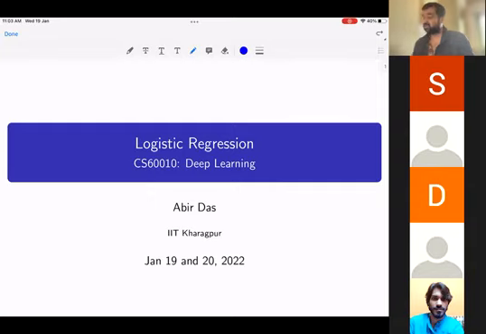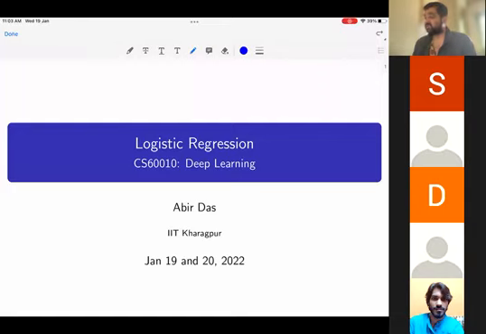Let us quickly go to whatever we are supposed to discuss today. Though it says logistic regression, it is basically linear regression and logistic regression. We will first go through linear regression, its univariate case, then multiple variables, and then logistic regression.